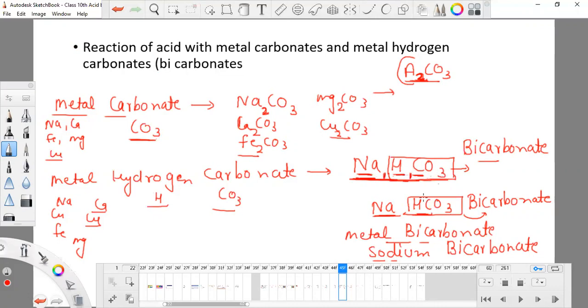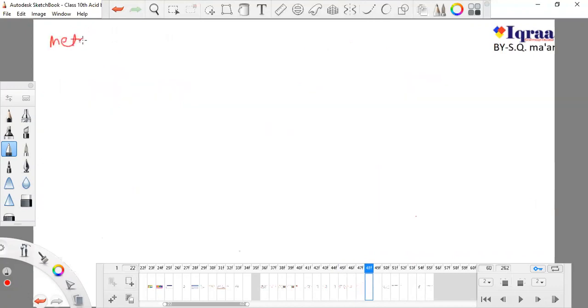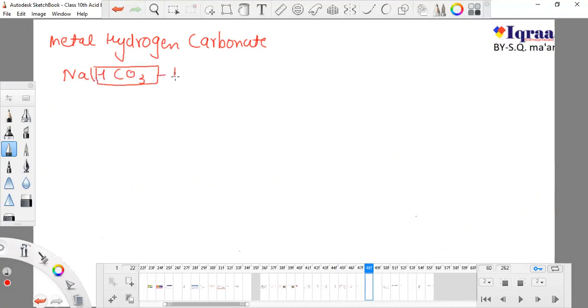This metal hydrogen carbonate is also known as metal bicarbonate. Now I'm using metal hydrogen carbonate, or I can say metal bicarbonate. This is metal, this is hydrogen, this is carbonate. And if I use this separately, it is known as bicarbonate.